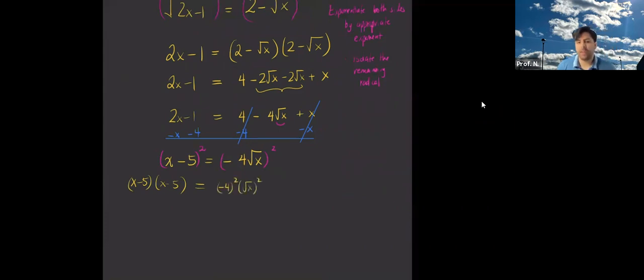That's another law of exponents. Negative 4 squared is 16. Rad x squared is just x. When you expand or FOIL x minus 5 and x minus 5, I get x squared minus 10x plus 25. And look what I get at the end. I get a quadratic equation.